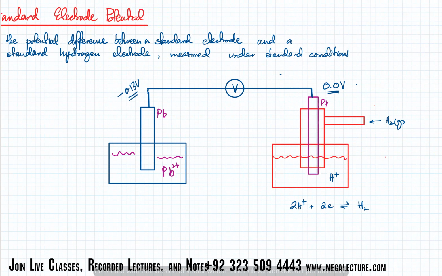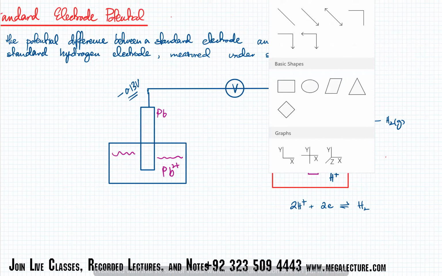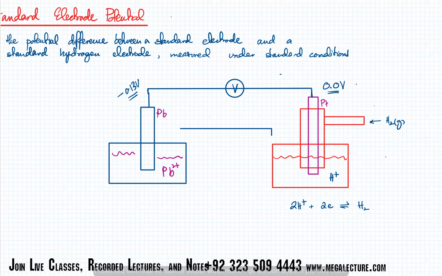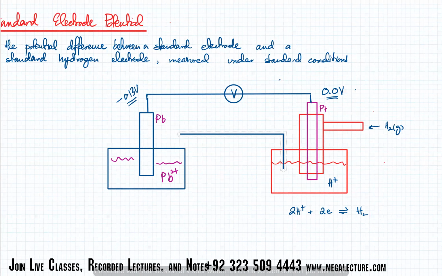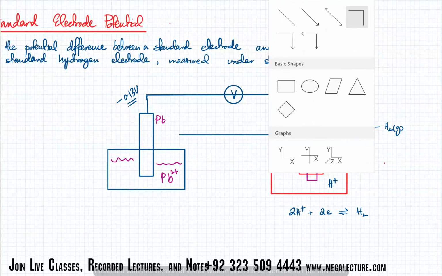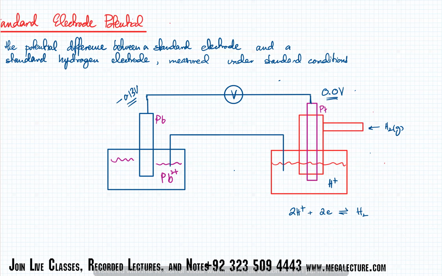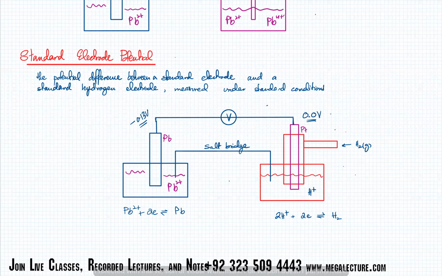So there has to be a salt bridge. The equilibrium on this side was basically this one, Pb2+ plus 2 electrons in equilibrium with Pb. Okay, so you'll be asked to draw this, and so remember the standard hydrogen electrode.